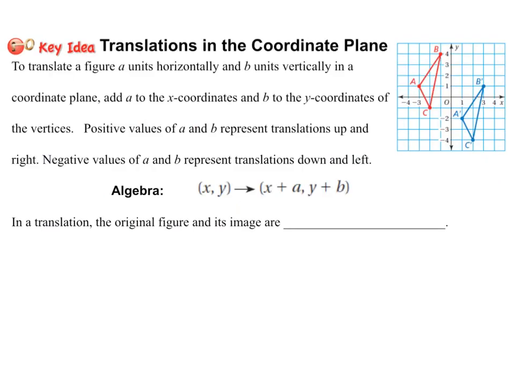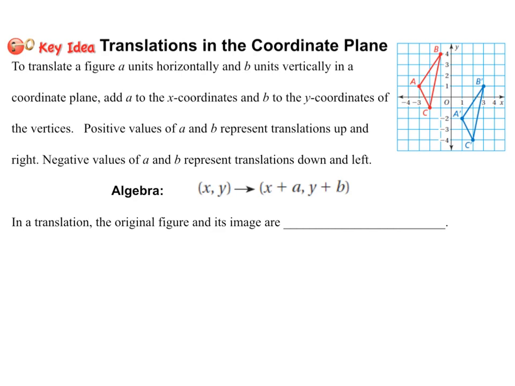Now that you know what a translation is, we're going to start looking at what that means in a coordinate plane where we can have specific start points and end points. To translate a figure A units horizontally, remember horizontal is left and right, and B units vertically, up and down, in a coordinate plane, you're going to be just adding A to the x coordinates and B to the y coordinates.